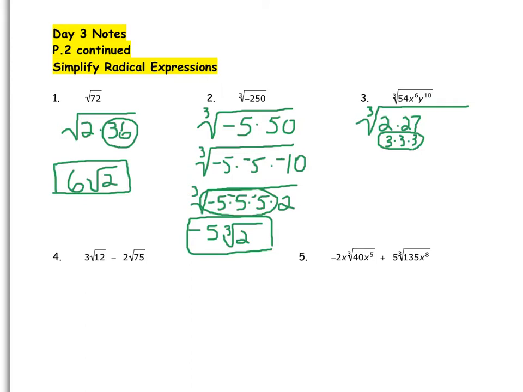So for the x to the 6th, I can rewrite that as x to the 3rd times x to the 3rd. And for y to the 10th, I can write that as y to the 3rd times y to the 3rd times y to the 3rd times y.